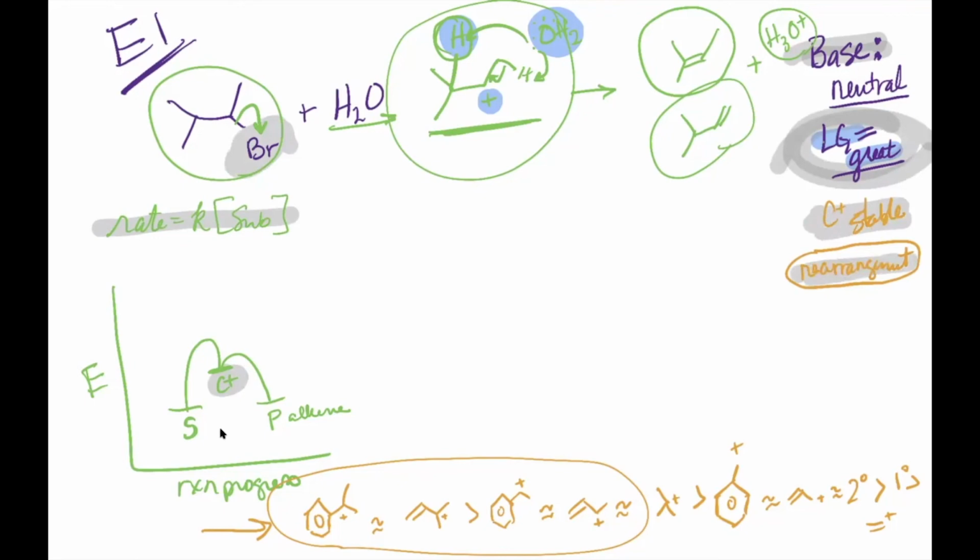So here's the order of stability of carbocations completely. We're going to get a mixture of products. The most stable alkene is going to be favored over the less substituted alkene, because eliminations can actually be endothermic, which means that the product is actually potentially higher in energy than the starting material.